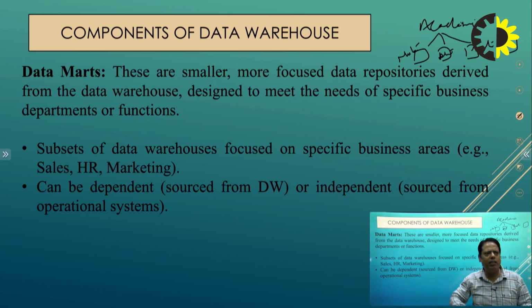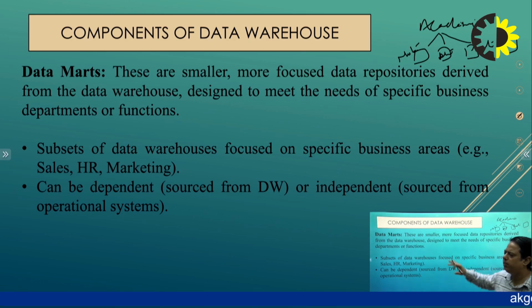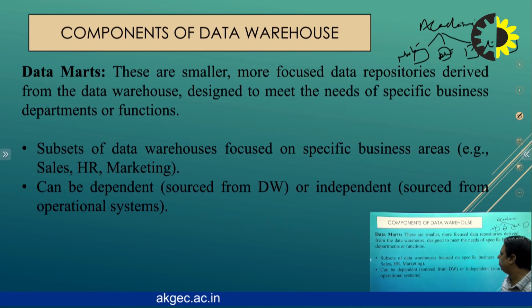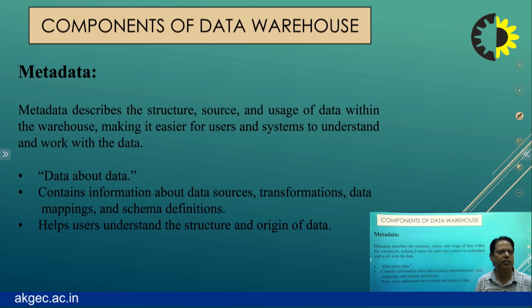So data marts are smaller, more focused data repositories derived from the data warehouse, designed to meet the needs of a specific business department or function. It is a subset of the data warehouse focused on a specific business area like sales, HR and marketing. It can be dependent, sourced from the data warehouse, or independent, sourced from operational systems.